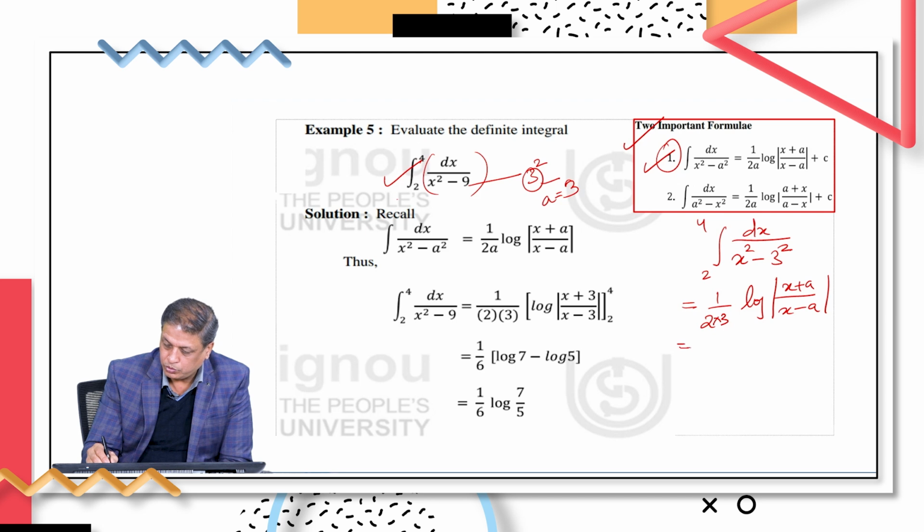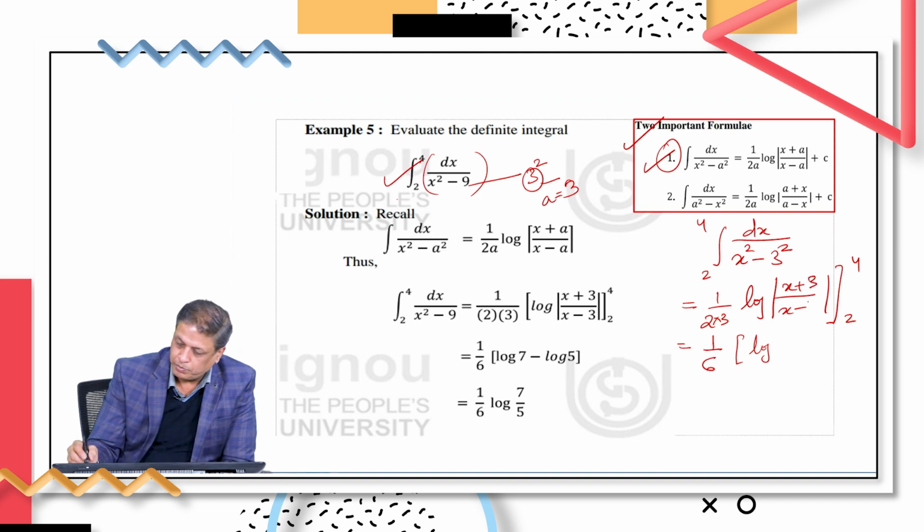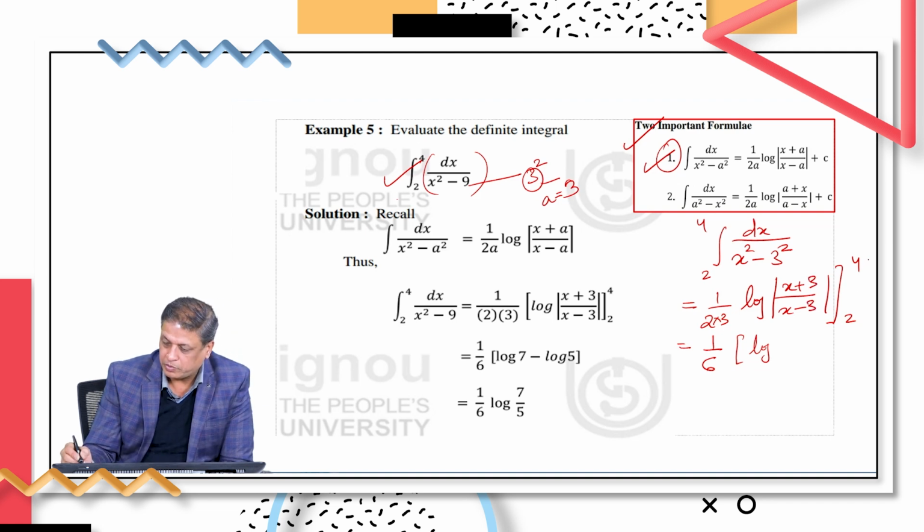So this is 2 into 3, so that is 1 over 6. Now it is to be evaluated in the range 2 to 4. So substituting values 4 and 2, you will get log of 7, because a is equal to 3. So this will be simplified to log of x plus 3 upon x minus 3.